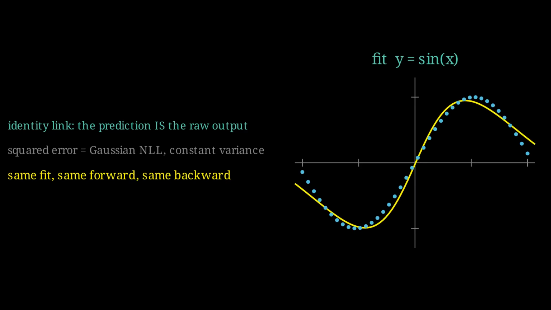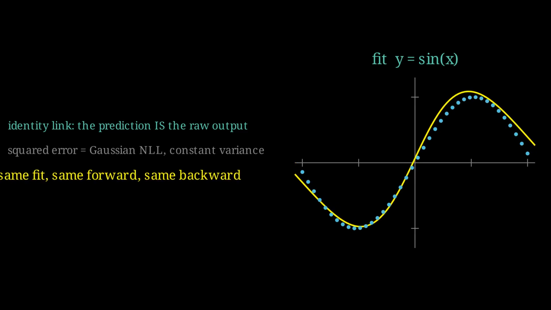You just assumed a smooth bell curve of noise around each target, the same width everywhere. Minimizing the squared error is just maximizing that likelihood, written as a penalty. So we call the same fit method, the same mini-batch gradient descent, and it runs the same forward and the same backward we already have. The sine curve comes out, and not one line of the body changed.